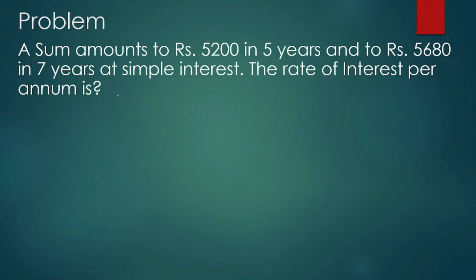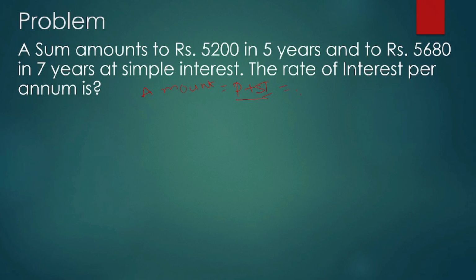So here we have the amount. Amount means the principal plus interest together, called the amount. That is the principal, the money lent, and the interest we have paid together is called the amount.